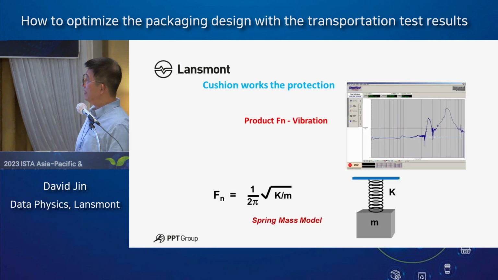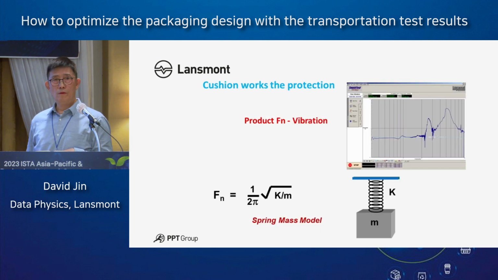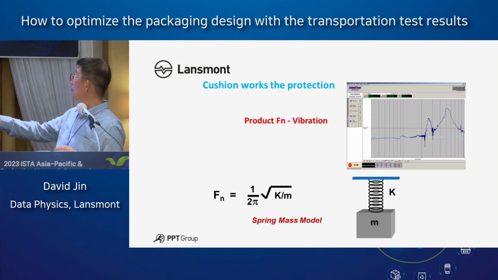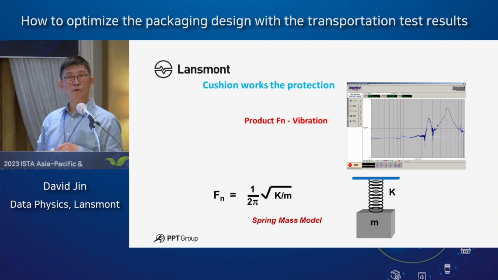So in the vibration testing, we must care about the spring mass mode. So at the FN, it will generate a higher spring response, which means the vibration acceleration will get higher. So we know such profiles like this one. It's typically 2 peaks of resonance for the fundamental frequency.